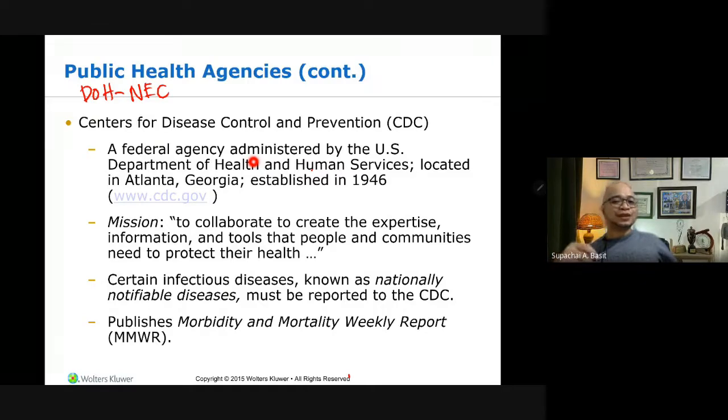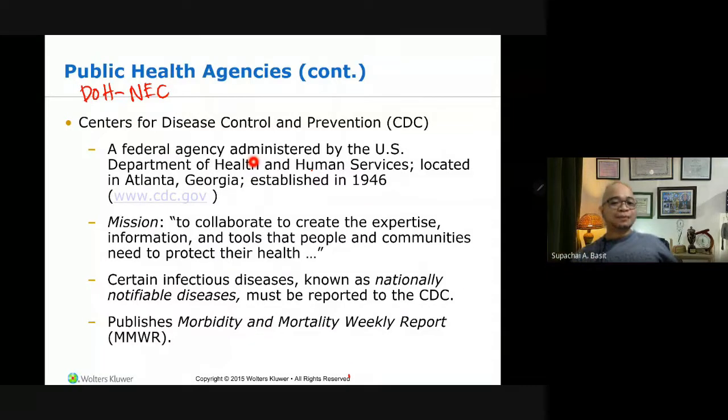The mission is to collaborate to create the expertise, information, and tools that people and communities need to protect their health. Certain infectious diseases are classified as nationally notifiable diseases. If a disease is considered nationally notifiable, each hospital in the United States is required to report it to the CDC.